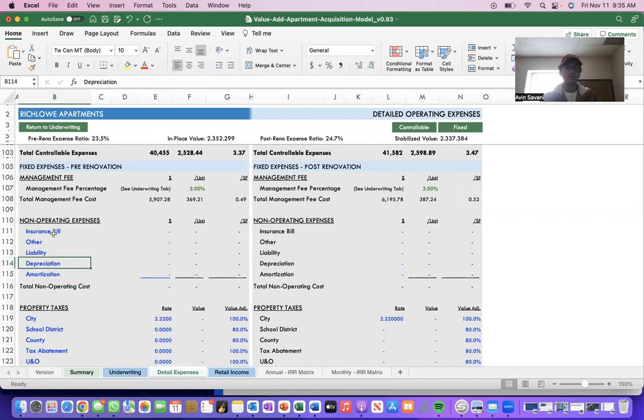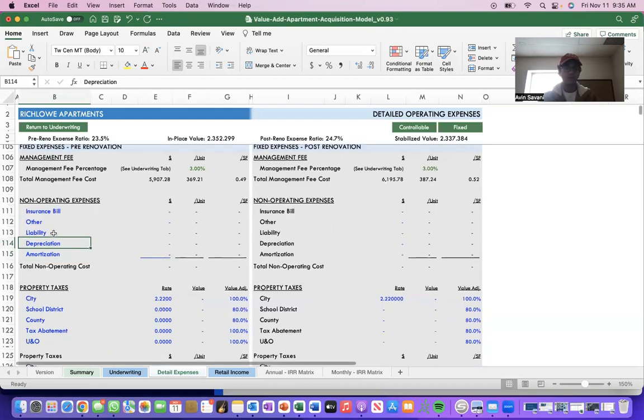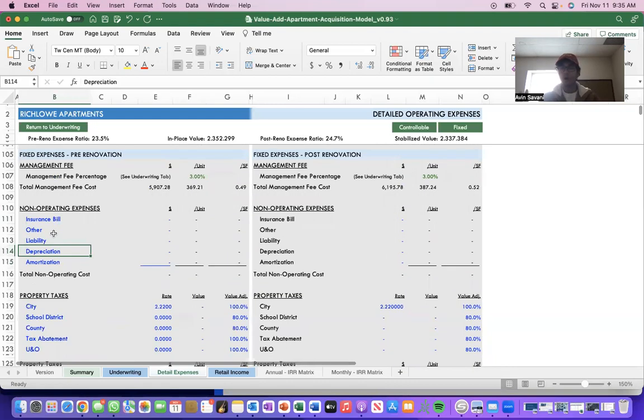But it's good to have this as a record, sometimes, just to see what your full cost is with the property, because depreciation is a substantial expense. The useful life of your property and the wear and tear is going to decrease the value of your property.